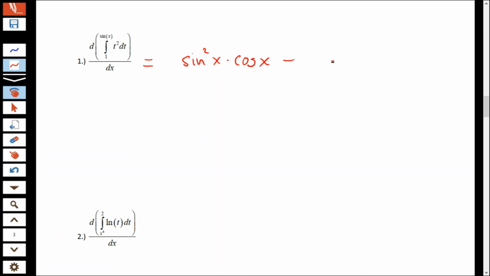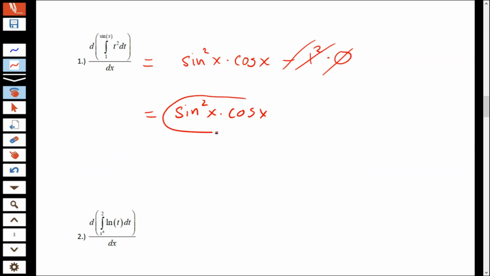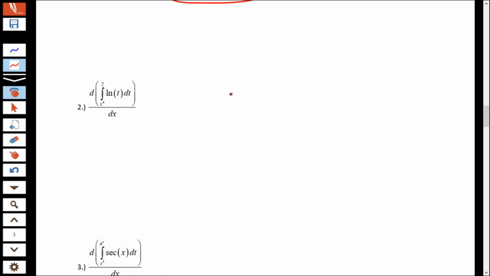Minus, plugging in 1 would give you 1 squared times the derivative of 1, which is 0. So that bottom bound disappears completely, and we just have sine squared x times cosine of x. Okay? That's it. Done.